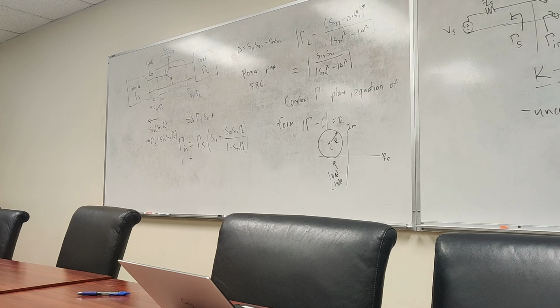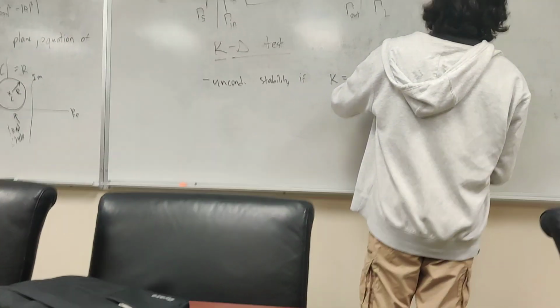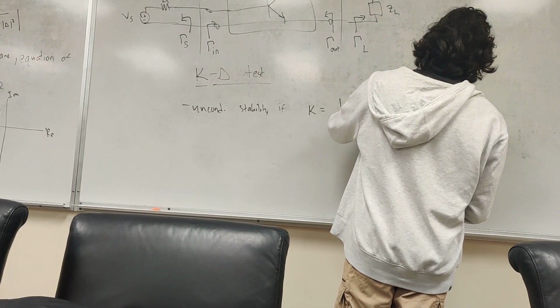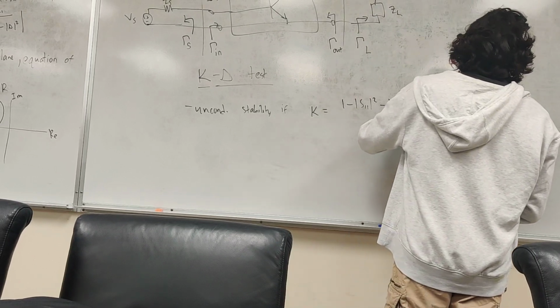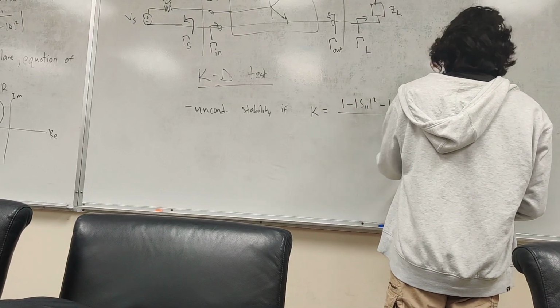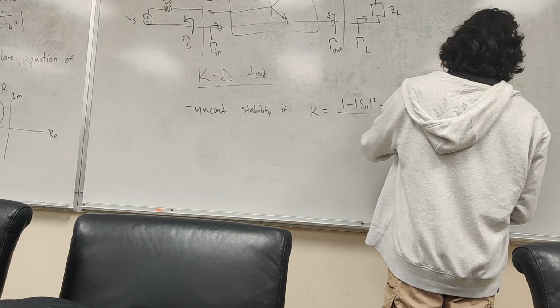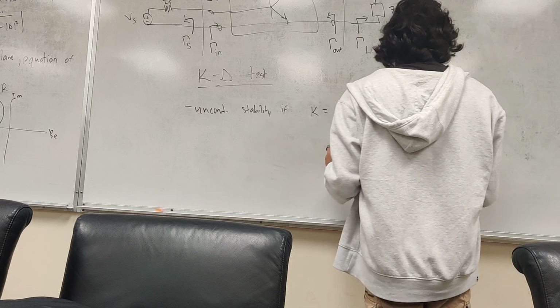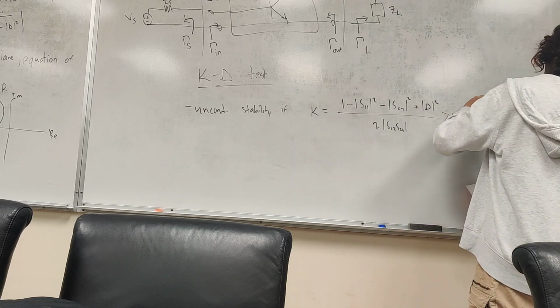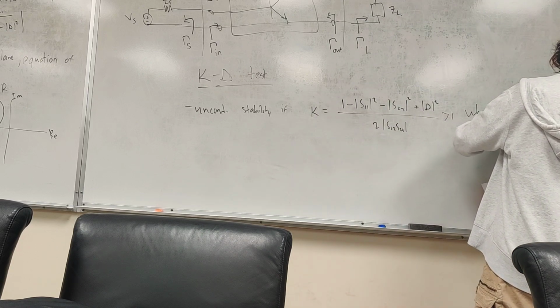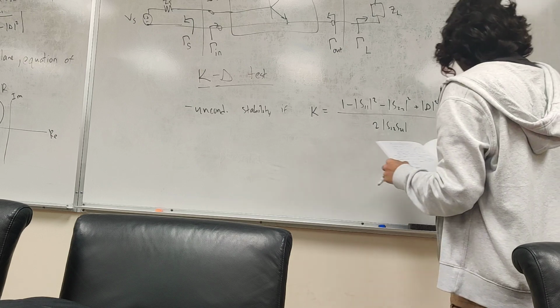K, which we define as 1 minus magnitude S11 squared minus S22 squared plus delta squared, all of this over 2 magnitude S12 S21, is greater than 1, where the magnitude of our determinant is less than 1.